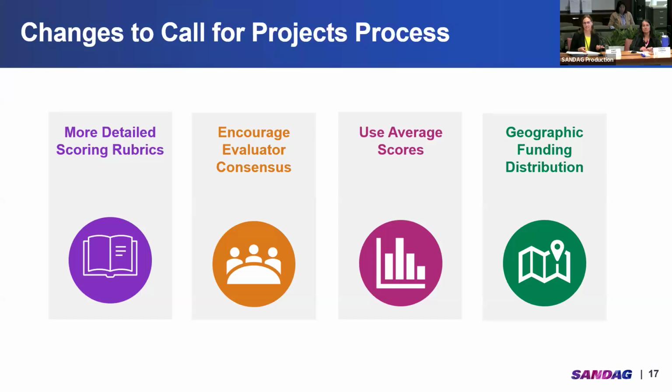We know that because it's a competitive program, sometimes that can be hard for someone who maybe doesn't have the resources to put together a lot of different applications. So the intent here is that we would use those scores. Projects would be listed in order of score, and we would fund the first project from each jurisdiction. And then if there's funding left over, we would go back down through that list again and fund additional projects. That helps ensure that funding is spread more evenly throughout the region.